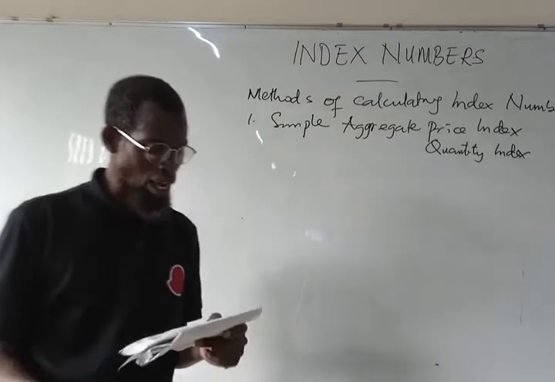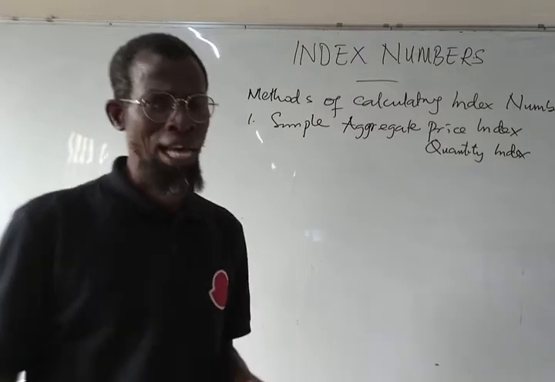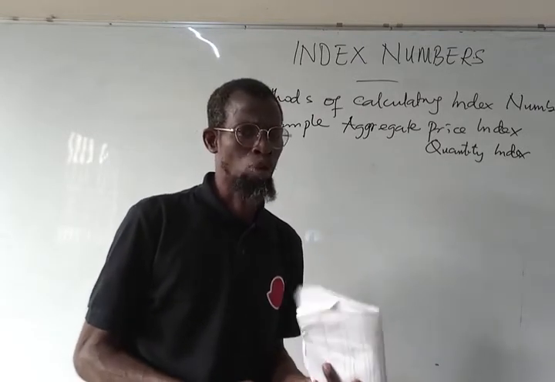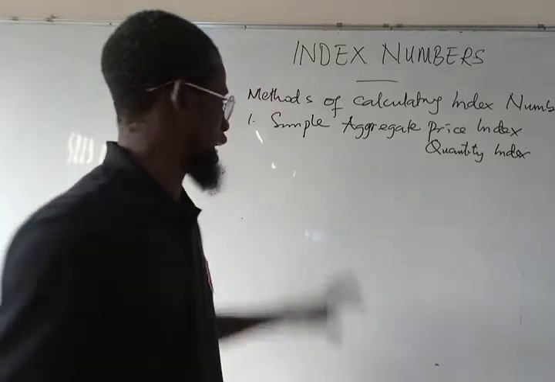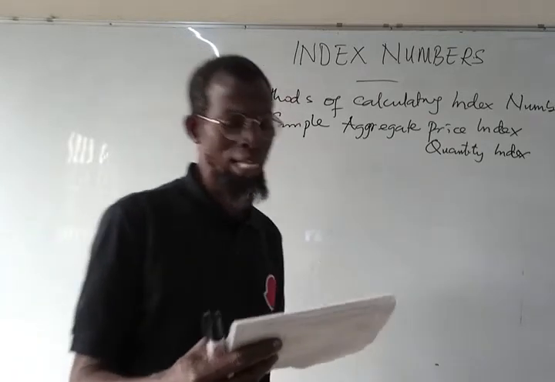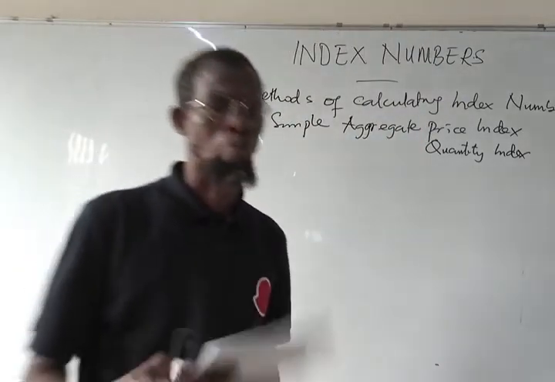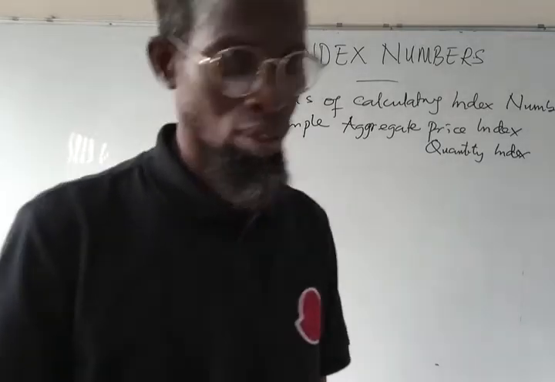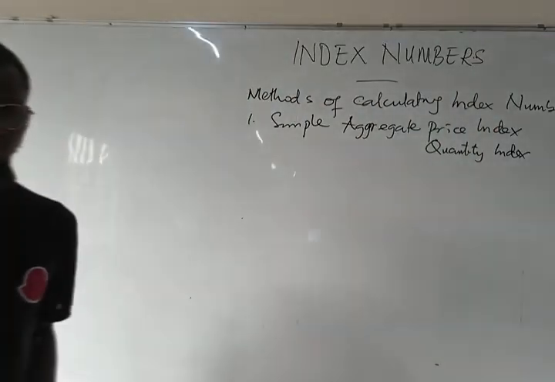So the definition of simple aggregate is still the same. But in this case, now we aggregate. Simple aggregate price index is the ratio, still the same ratio, of the total commodity prices in the given period to the total commodity prices in the base period.